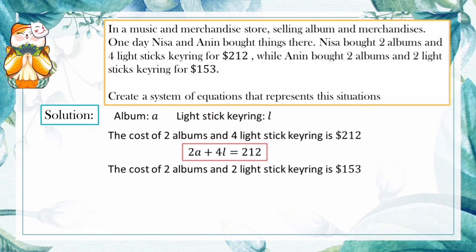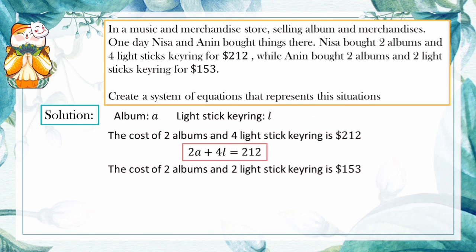So this equation is 2 times A plus 4 times L equal to 212. That's exactly what this first statement is telling us.